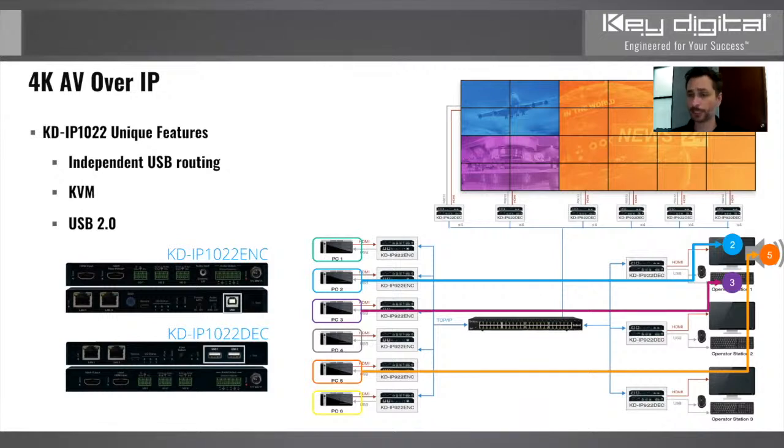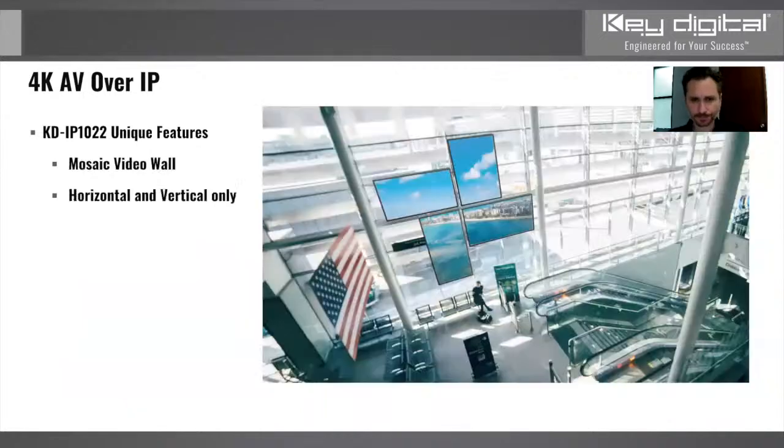And one of these operators, because they have a big video wall in front of them, as our system is capable of doing, is viewing PC number 2, the data from PC 2. They have keyboard into PC number 3, and they are listening to PC 5. And why? Because it's all right there in front of them on the video wall. Sometimes this is a necessary part of the application, and the IP 1022 can do this for you.